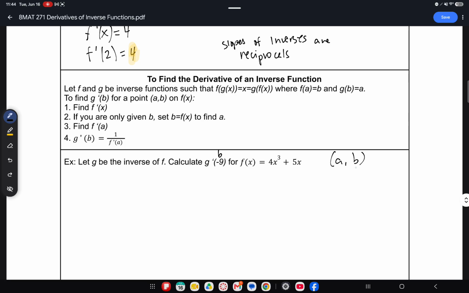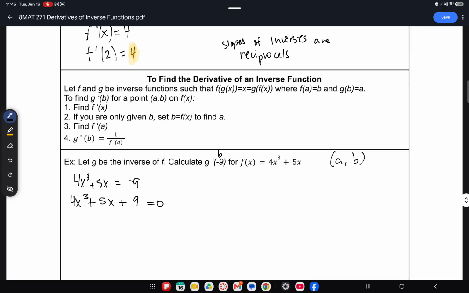Remember, b is the y value of the original function. So I have 4x cubed plus 5x equals -9. I want to try and solve here and see what we can do. So let's make that 4x cubed plus 5x plus 9 equals 0.